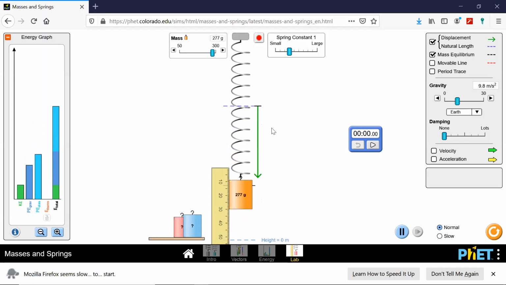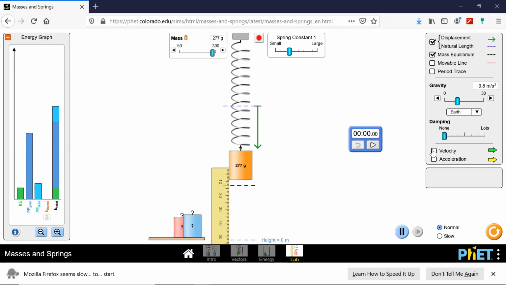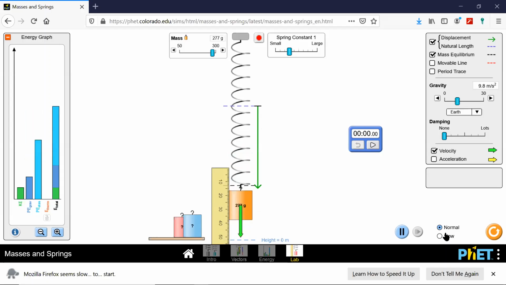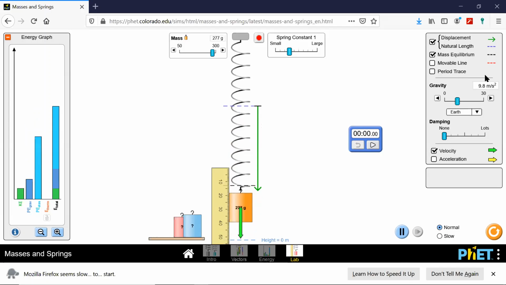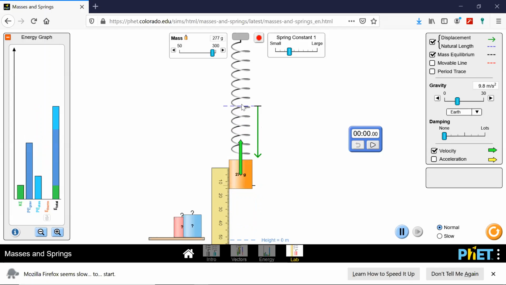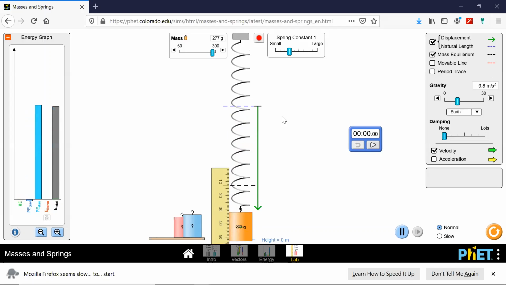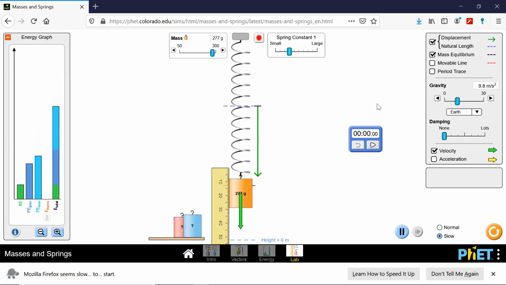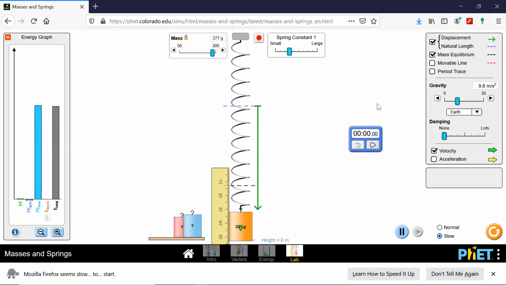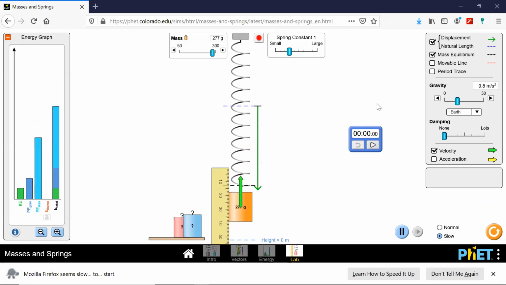However, let me give you a clue. If I click on the velocity vector and I slow everything down, you see that's the thick green one. The thick, not the thin one, is the displacement from the equilibrium position of the spring, not the mass spring system. If I slow everything down, look at the way the velocity of the mass changes.